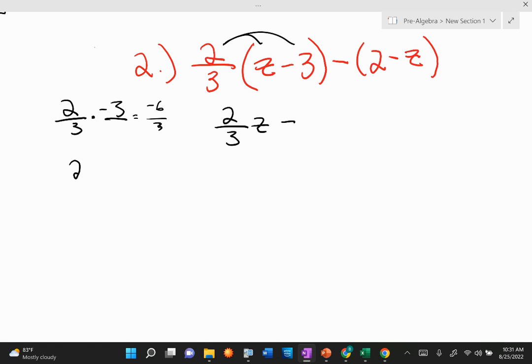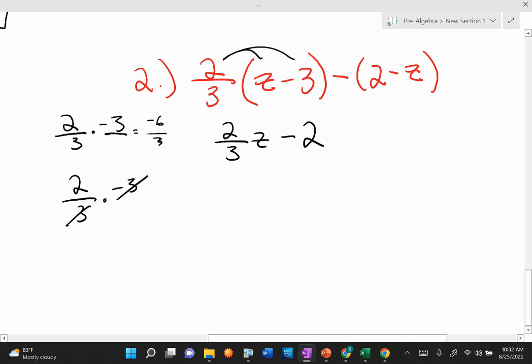Or if you just look at it like this, I've got 2/3 times a negative 3. If I have a number on top and I have that same number on bottom, those numbers just cancel out, which will just leave you with a negative 2. Either way, it's going to be 2/3 z minus 2.